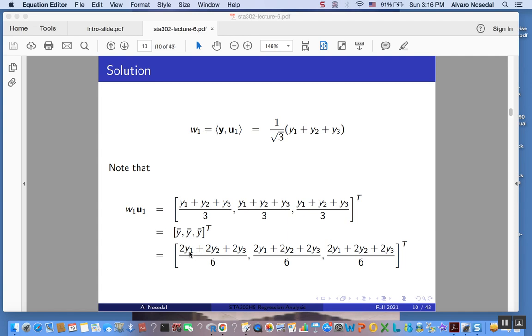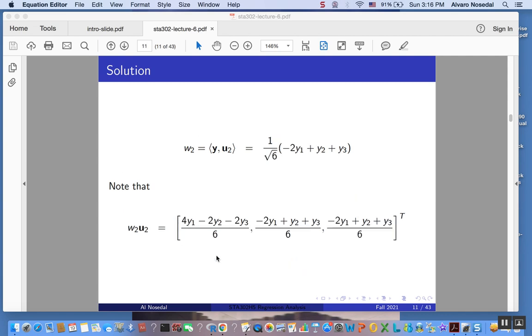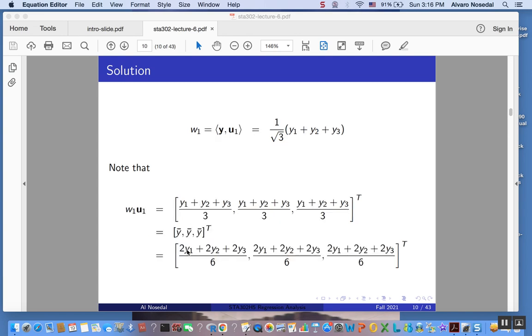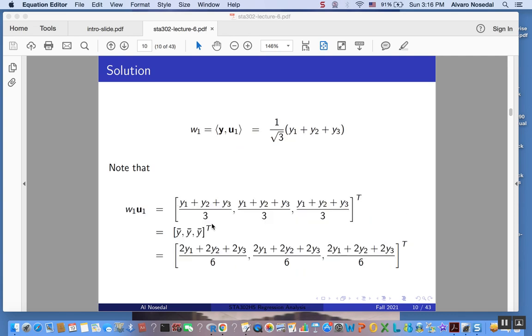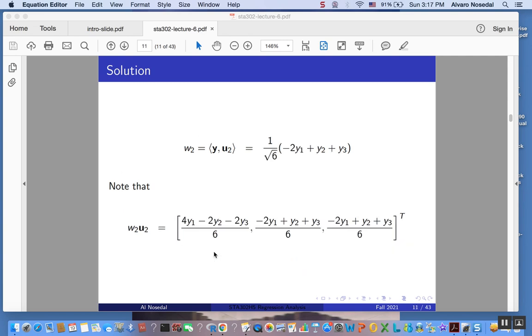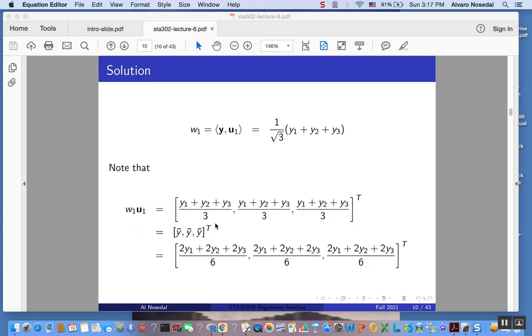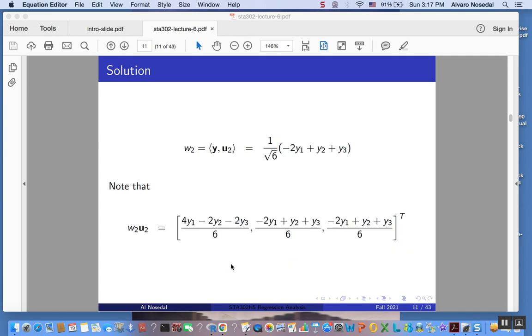Note that you have 2y1 plus 2y2 plus 2y3, okay, divided by 6. Note that you have 4 times y1, so that would be 6 times y1. And then you have negative y2 plus positive 2 times y2, right? Negative 2 times y2 plus 2 times y2, those guys cancel out.